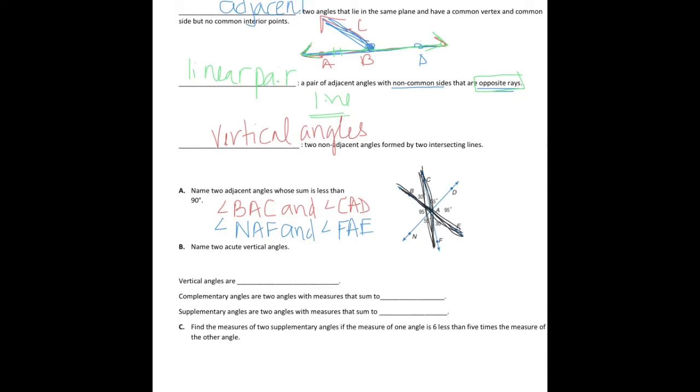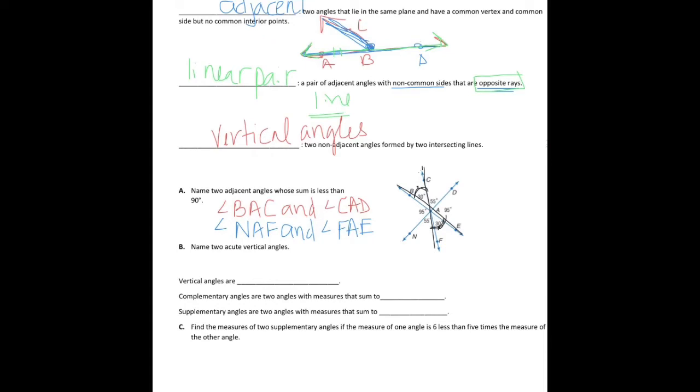They are intersecting, and the angles are not adjacent to each other. The word adjacent, if you think about your vocabulary terms, means next to. So they are not right next to each other. So they are not adjacent.